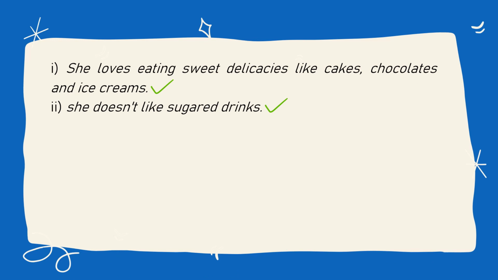Okay, so here is an example of an answer that is correct. The first idea: she loves eating sweet delicacies like cakes, chocolates, and ice creams. So this is the first idea. It comes first. It follows chronological order. There's no missing punctuation or missing word. There's no misspelling. There's no letter case error. Correct first idea. And the second idea does not include any transition.